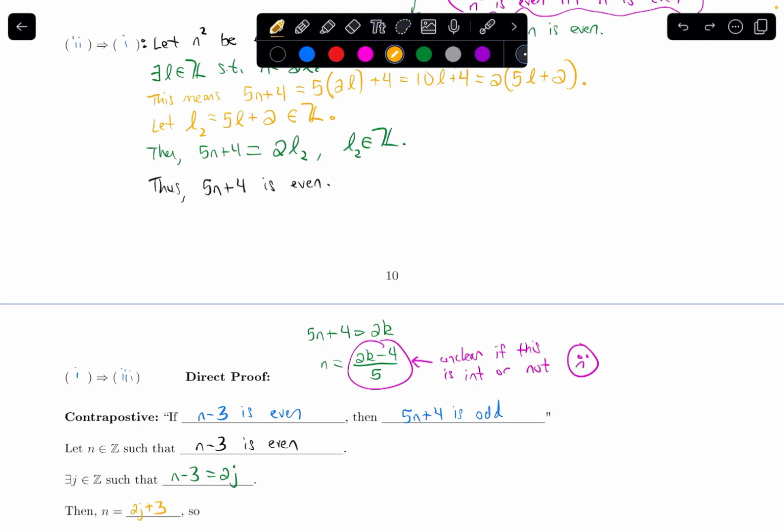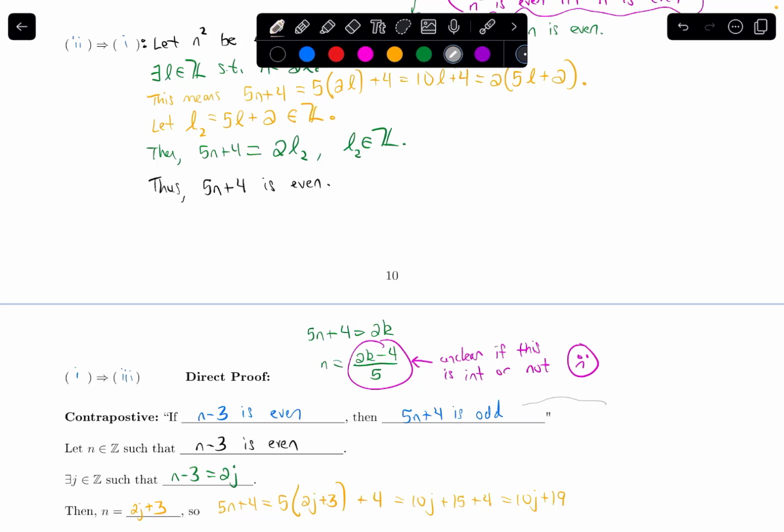My 5n plus 4 will be equal to 5 times 2j plus 3, because that's what n is, plus this 4 that I have here. I've just plugged in for the n. If I simplify this, distributing 5, I get 10j plus 15 plus 4, which is 10j plus 19. And I want to show that this is odd.